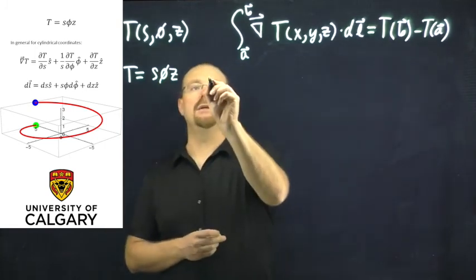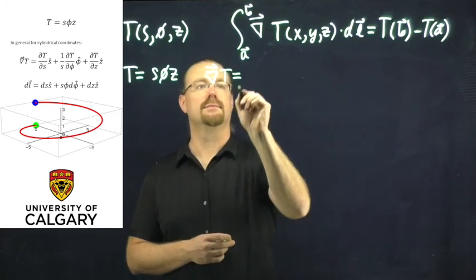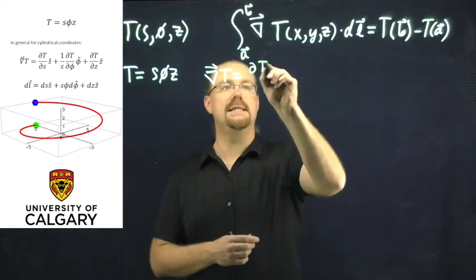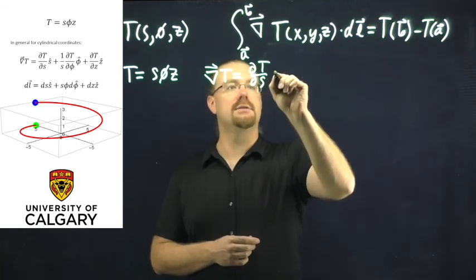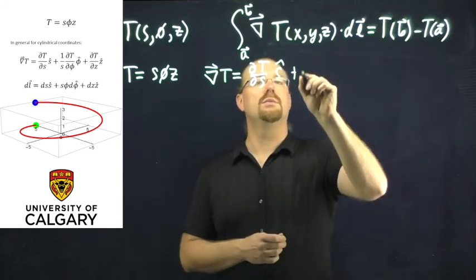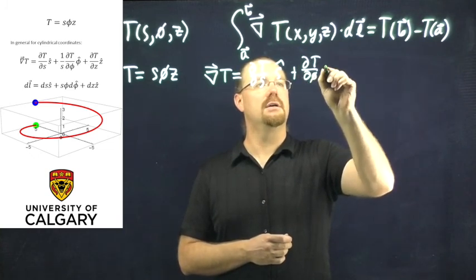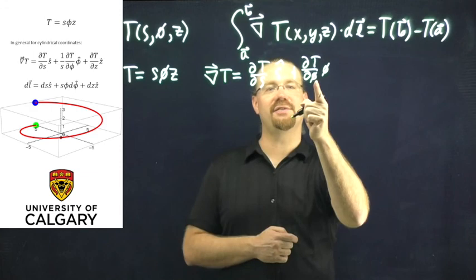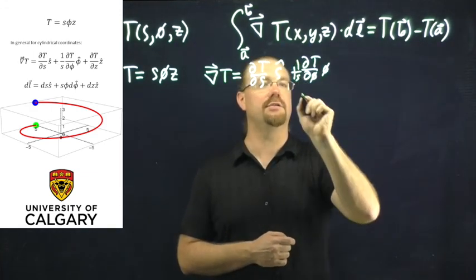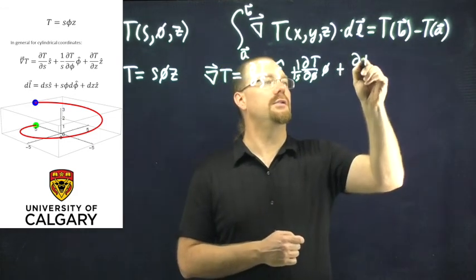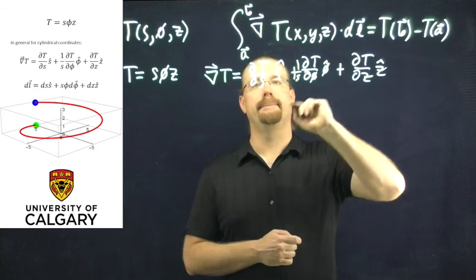This means that the gradient of T, which is going to be dT/ds s hat, plus dT/d phi phi hat, but because phi has units of radians and s has units of length, we have to pick up a 1 over s right here, plus dT/dz z hat.